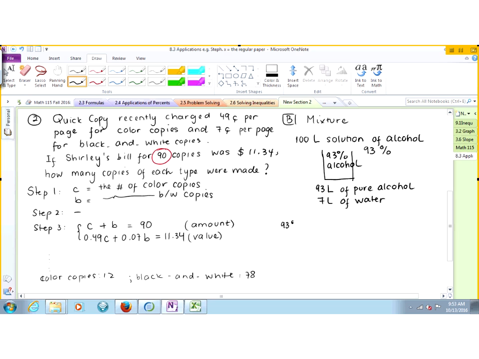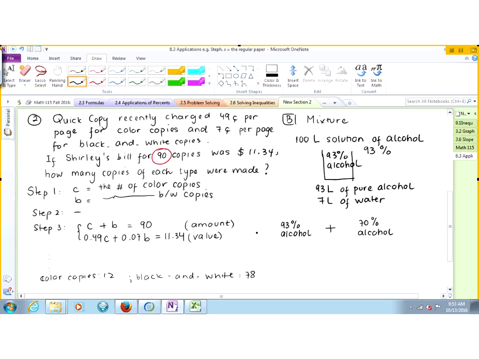But suppose I am mixing 93% alcohol, which you know what it means, and let's just say 70% alcohol.